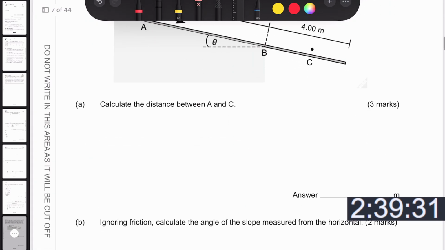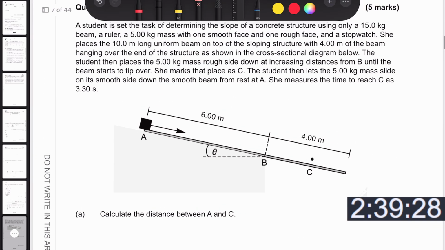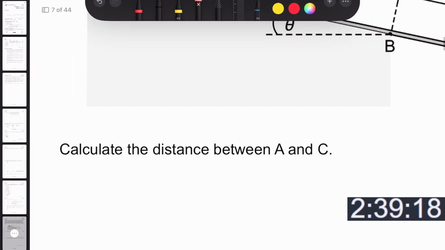How am I supposed to do this? Calculate the distance between A and C. It's 3.3 seconds. Calculate the distance between A and C.